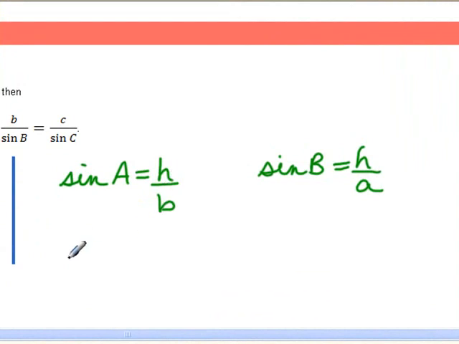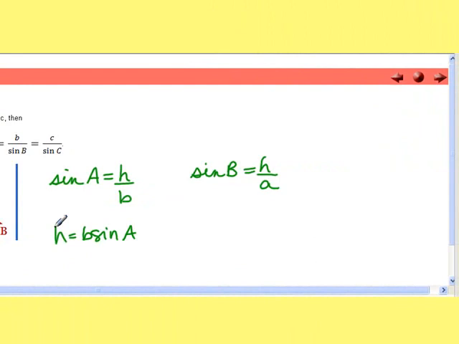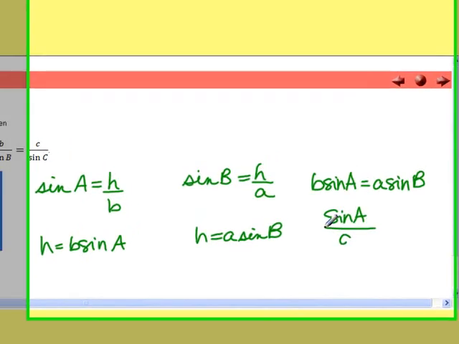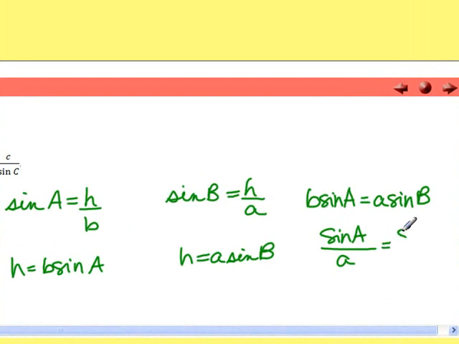But we can represent h now as b times sine A. And likewise, from the other equation, we can represent it as a times sine B. So what we have is that b times sine A is equivalent to a times sine B. Well, if I divide each side by b and a, I get this: sine A over a is equal to sine B over b.